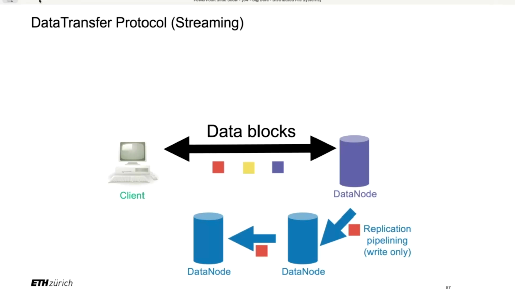The third protocol is between the clients and the data nodes. This is where the block data actually goes, because whenever the client reads or writes, the data goes between the client and the data node. More exactly, there is what we call a pipeline, a replication pipeline. Whenever the client is writing some new data, it's not going to connect to 3 data nodes.